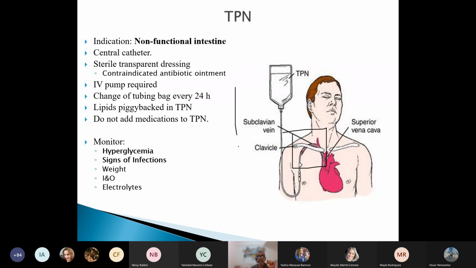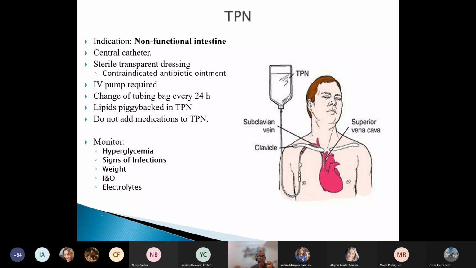A detail is that this catheter should not, definitively and without doubt, be used to administer other kinds of medications, IV antibiotics, blood, etc. It's exclusive for the TPN. If medications or transfusions need to be given, another vein needs to be used, usually a peripheral vein. The vein of the TPN is exclusive for the TPN.